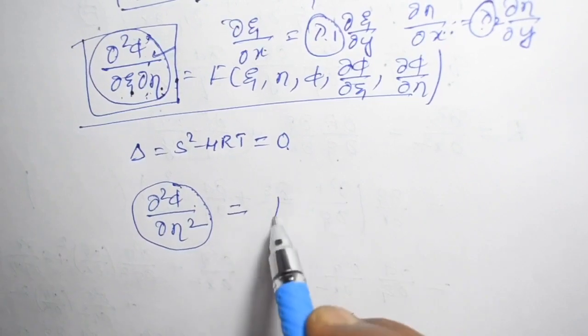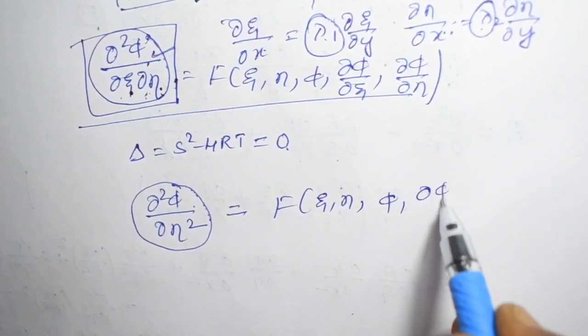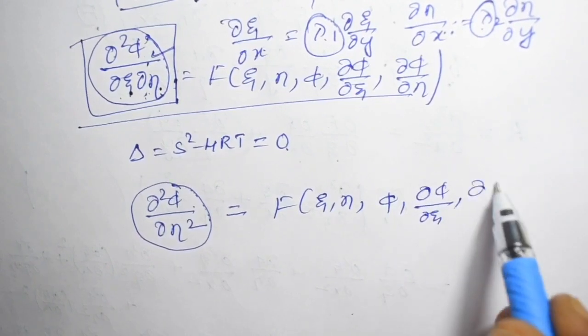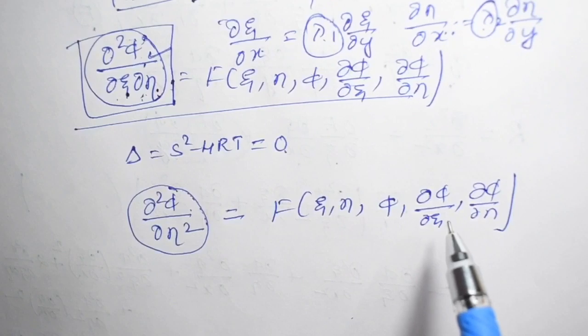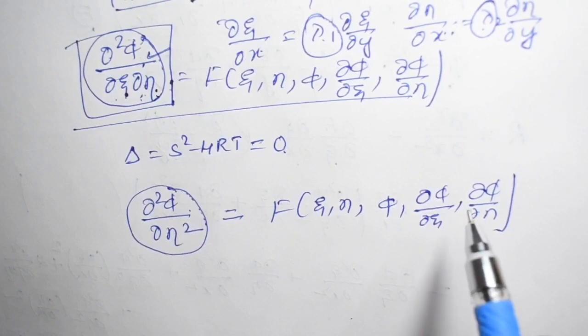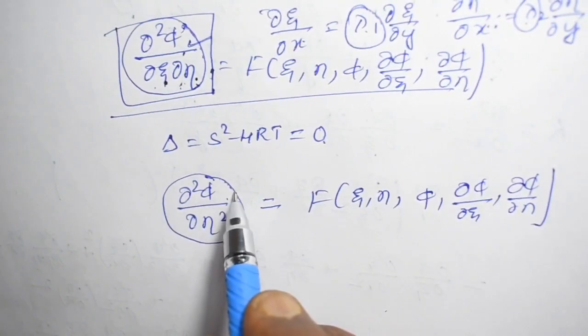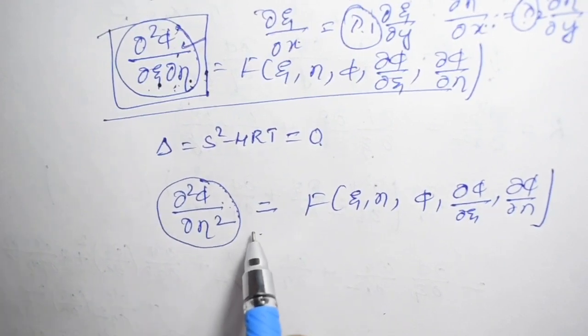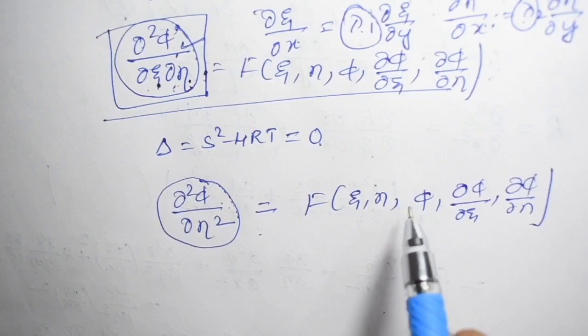This is equal to f of xi, eta, phi, del phi by del xi and del phi by del eta. You may have any first order derivatives or functions, that doesn't matter. It only matters for the second order derivatives: only this second order derivative remains in the equation and all others vanish. This is for the parabolic case.